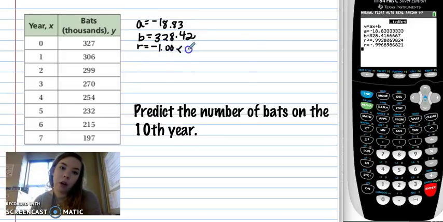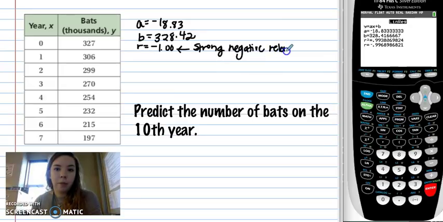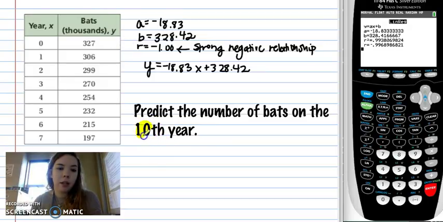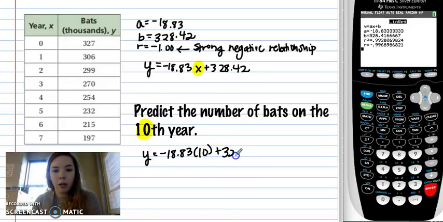So strong negative relationship. And then my equation would be negative 18.83x plus 328.42. And then it says predict the number of bats on the 10th year. So that's going to go in for x. So we have y equals negative 18.83 times 10 plus 328.42.